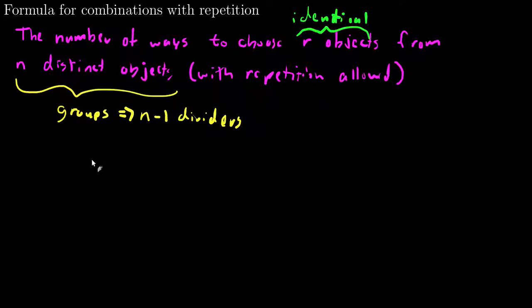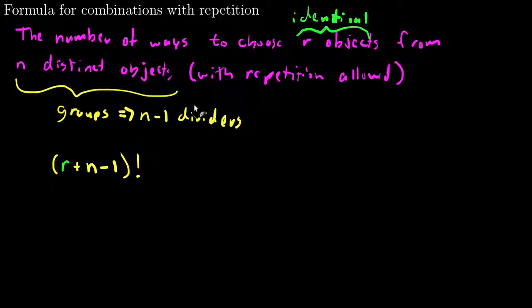So we should have R plus n minus 1 total objects to permute the R objects. These would be the 3 friends from the previous example.